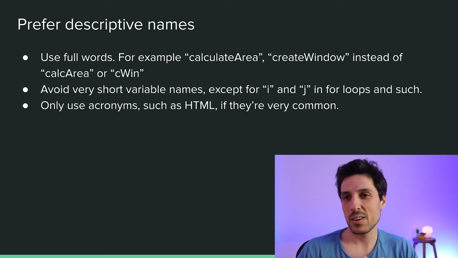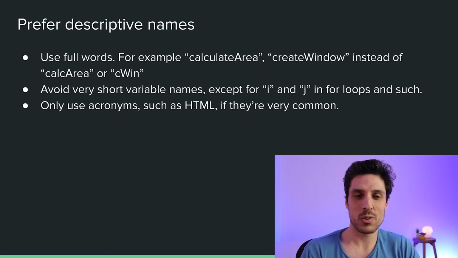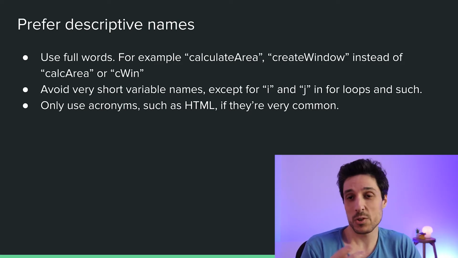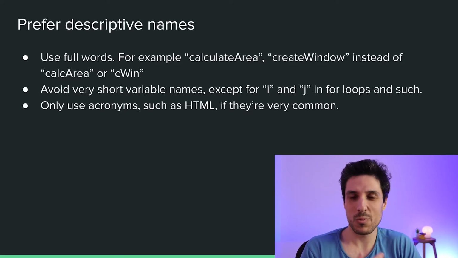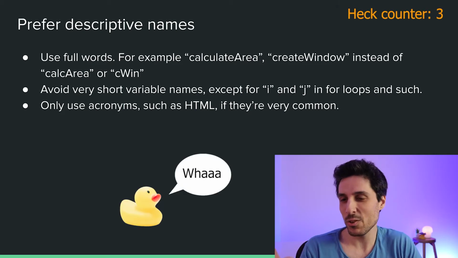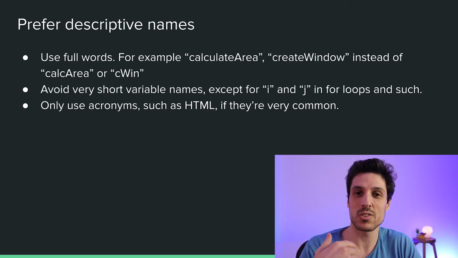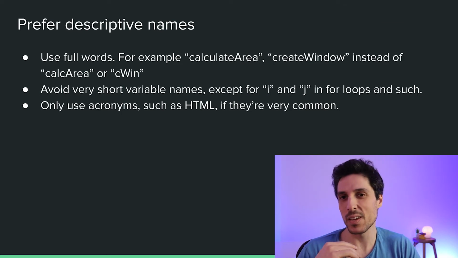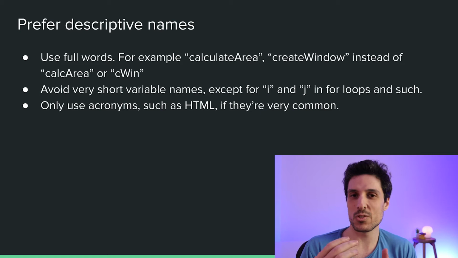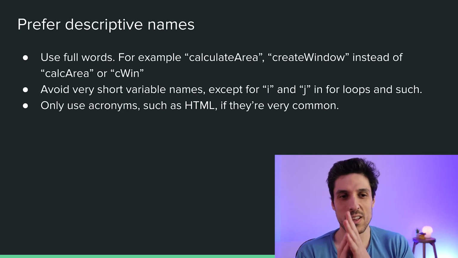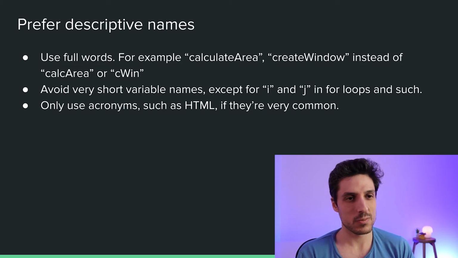Okay, now in particular, you want to avoid very short variable names, like for example, d and e. Okay, because if you have a variable named d, well, what the heck does that mean? It could be the document, the date, data, days. You just don't know. It's not descriptive enough. Okay, and if you really want to use a short variable name here and there, there is one exception.